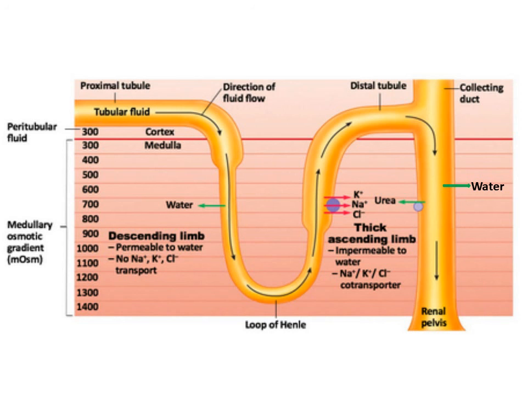Then the fluid comes into the ascending limb. Here the solute will move out, so the osmolarity will decrease. That hypoosmotic fluid enters the distal tubule, with no change in osmolarity. In the collecting duct, because of increased osmolarity in the interstitium, water will move out and concentrated urine is produced.